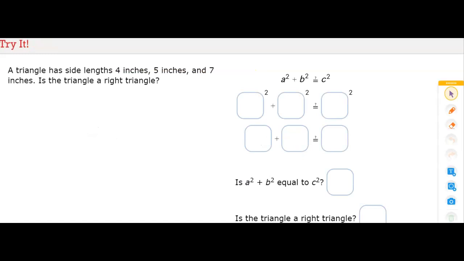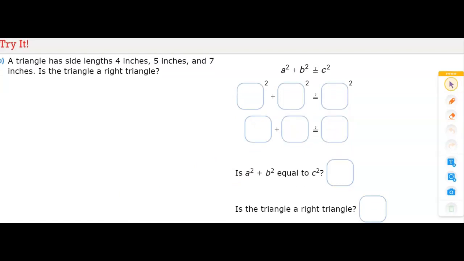A triangle has side lengths 4 inches, 5 inches, and 7 inches. Is the triangle a right triangle? So we need to put the numbers into the equation to see.